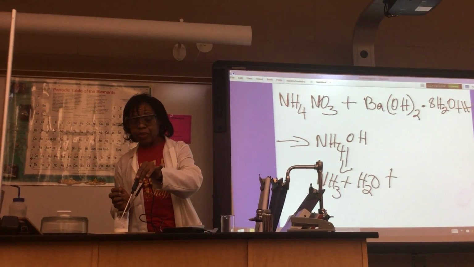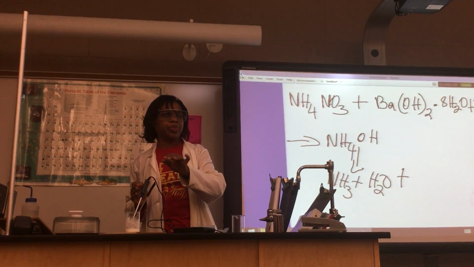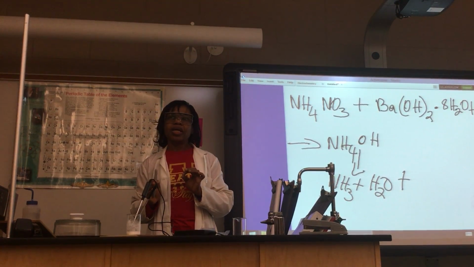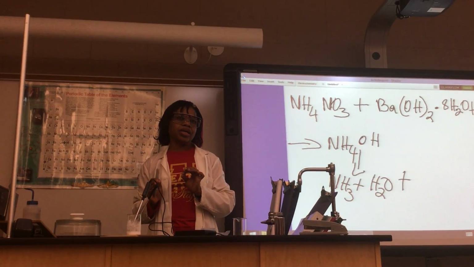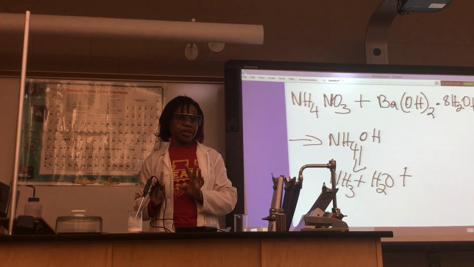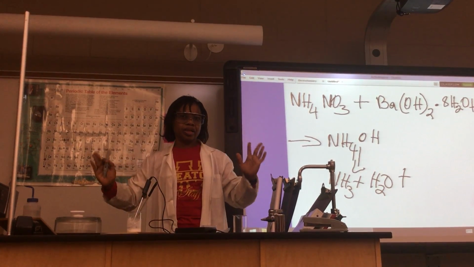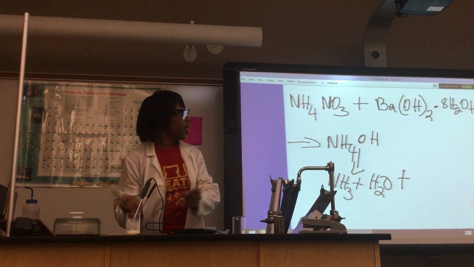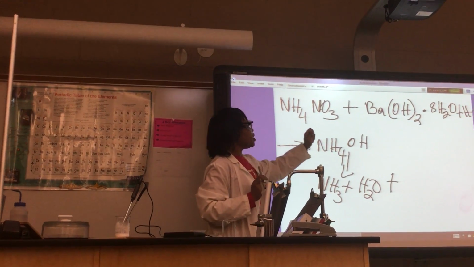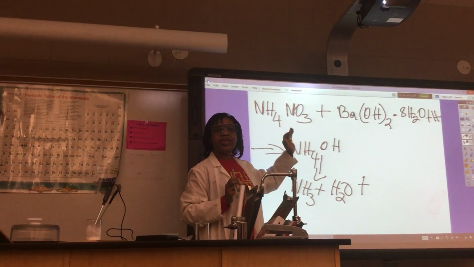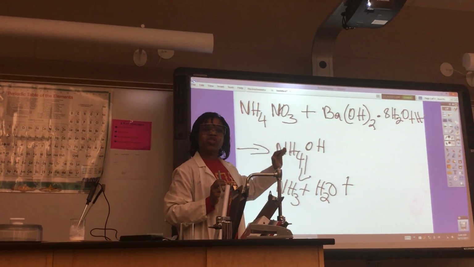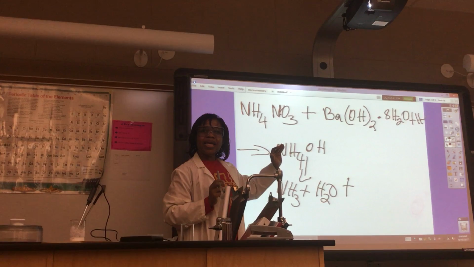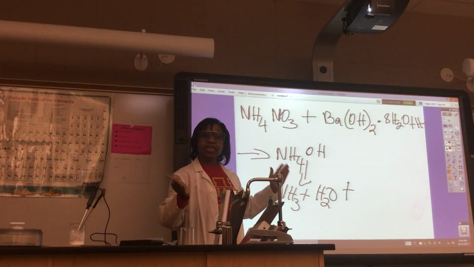Because I'm putting the thermometer in and measuring that the temperature went down, they think that it is releasing heat. But it's taking the heat in. That's why I feel it cold. All right? So this reaction, because it's taking heat in, is it endothermic or exothermic? It is endo. It's taking heat in.